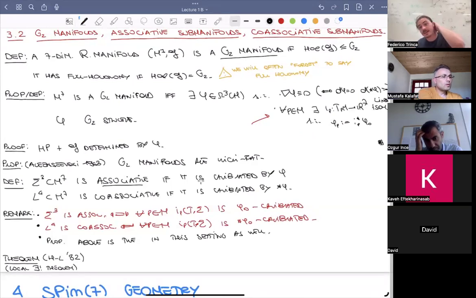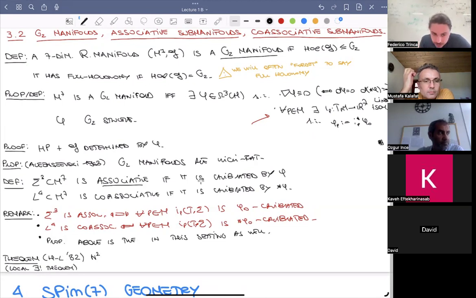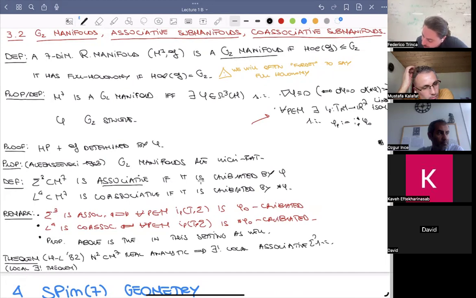So the last piece of G2 geometry that I will be needing in the next three lectures is the local existence and uniqueness theorem. If I have a two-dimensional submanifold N2 of M7 which is real analytic, then there exists a unique local associative, let's call it sigma 3, such that N2 is contained in sigma 3.